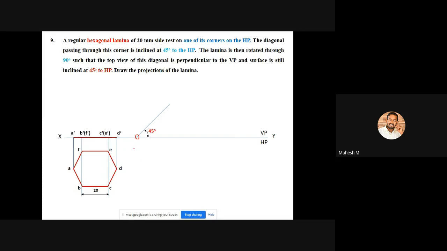For creating these endpoints, you can take your compass and measure these distances. First, measure the distance between A dash and B dash of F dash, and create an arc like this. After that, measure the distance between A dash and C dash of E dash, and create another arc.